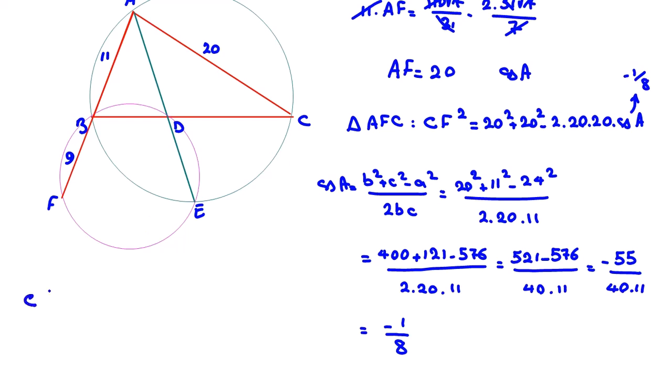So we can say CF squared equals 400 plus 400, now minus minus will be plus, 2 times 10, 10, so plus 100. So it will be 900. So CF equals 30.